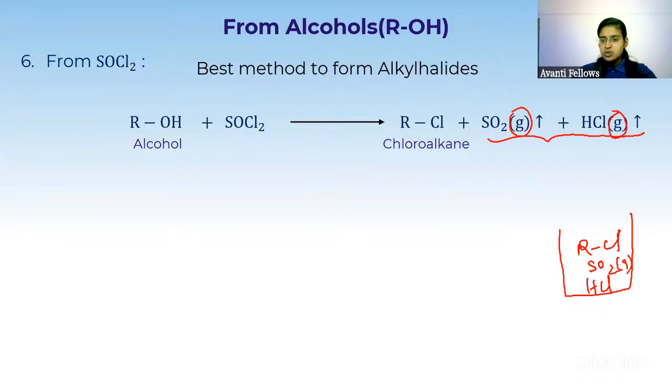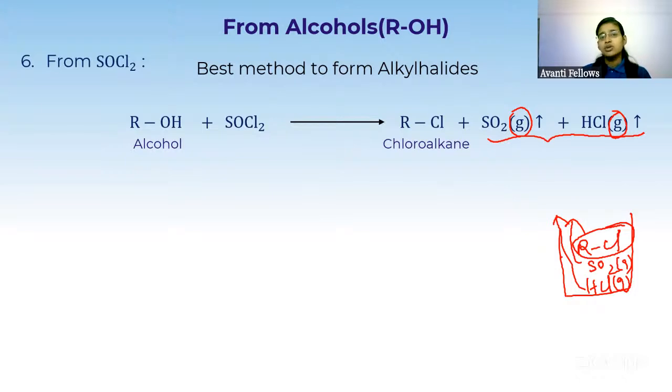Okay. So in the reaction mixture, I will have RCl, SO2, and HCl. Since these two are gases, they will go out, they will get evaporated from the container, and we are left with only the RCl, which is the desired product in the container. Okay, so that's why this is the best method to prepare. I mean, you can get the haloalkane which you want so easily from this method. In other methods, you have to use some separation techniques to separate the byproducts. In all other methods, some other byproducts were formed, right?